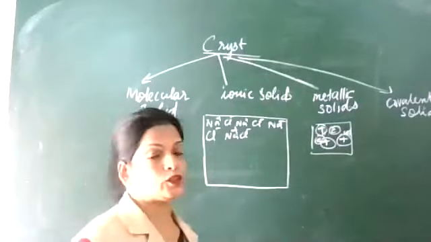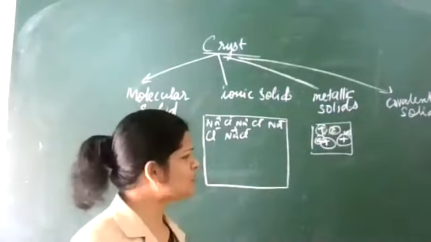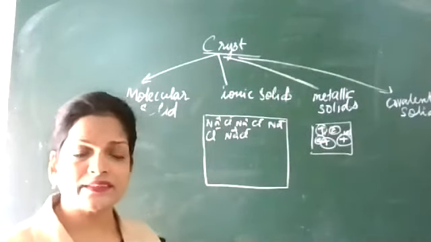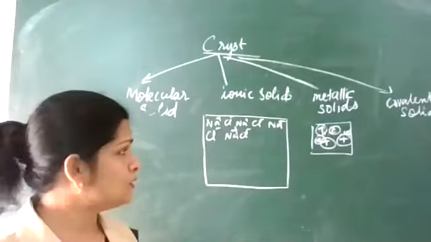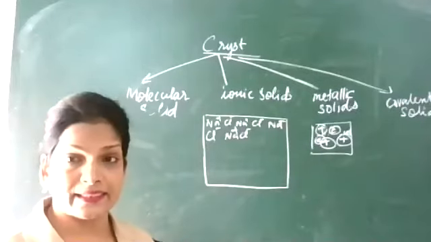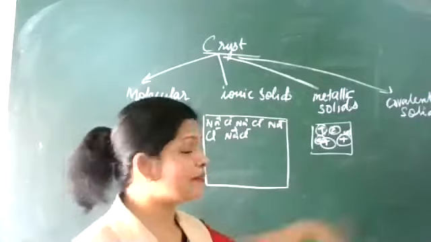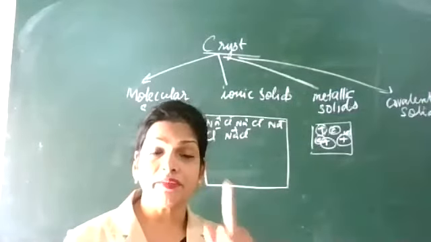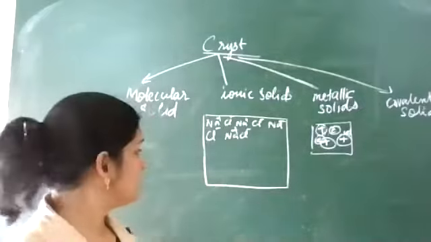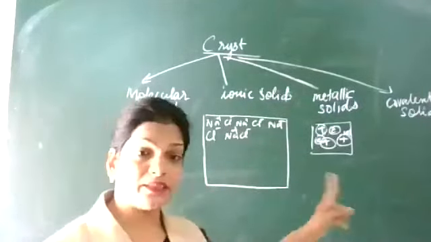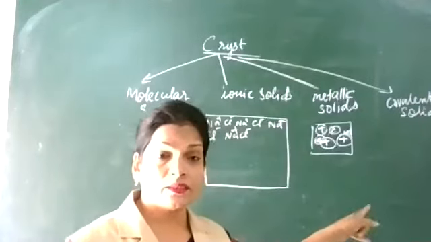What about metallic solids? In metallic solids, electrons are free to move. Electrons are the charge carriers. So metals can conduct electricity. What is the special feature of metallic solids? Conductivity even in the solid state. In the solid state, ionic solids cannot conduct, while metallic solids, even in the solid state, are good conductors.